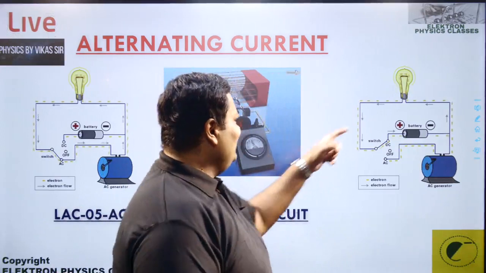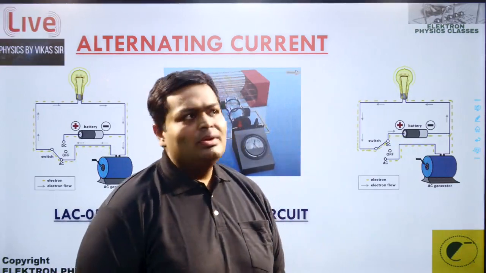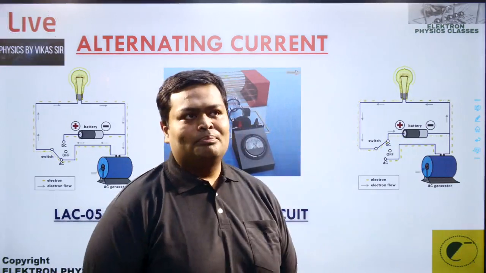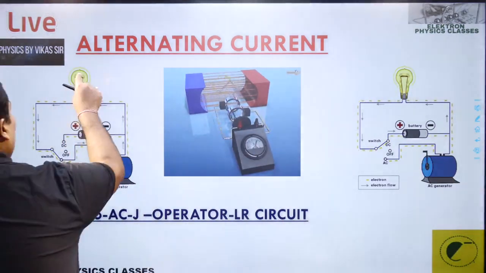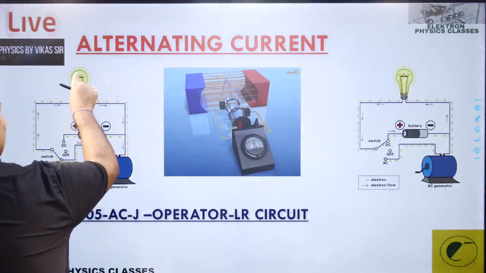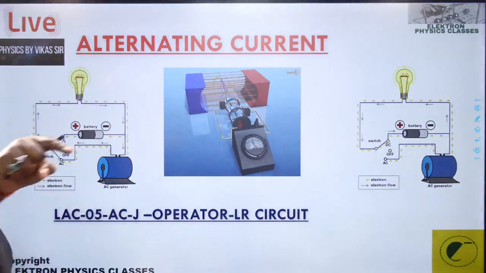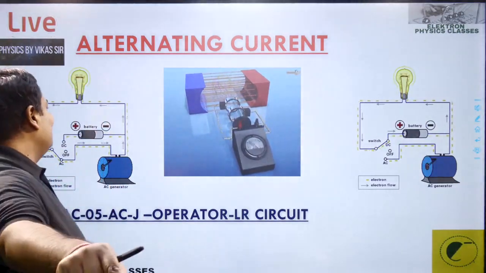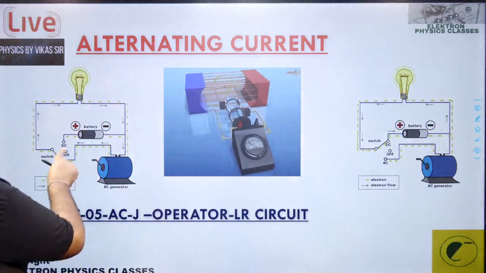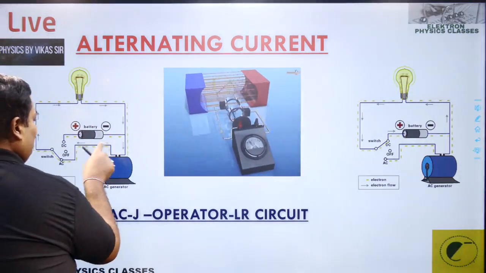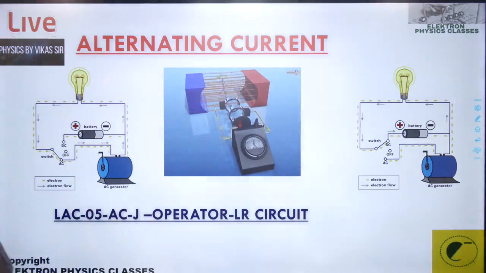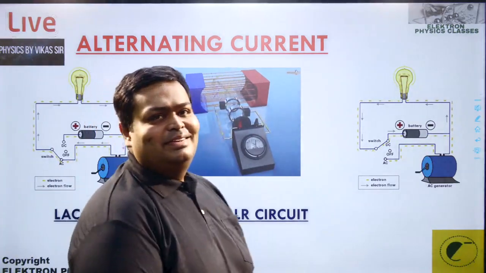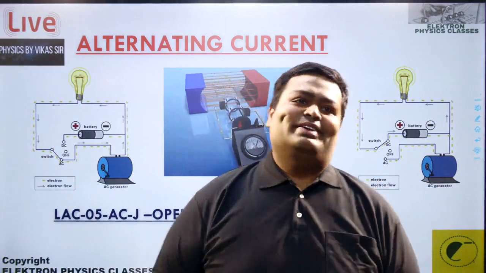So this is a linear motion, and this is an oscillatory motion. Observe this: still there is a motion of the charged particles. All the charged particles are doing the same thing, they're oscillating, and so we are able to produce the AC EMF and the current.